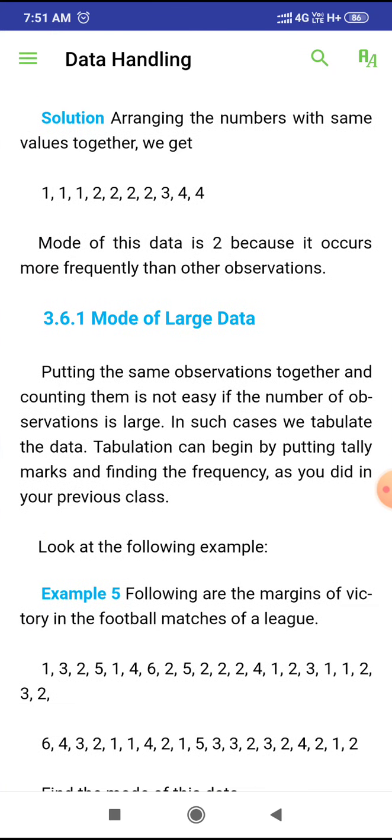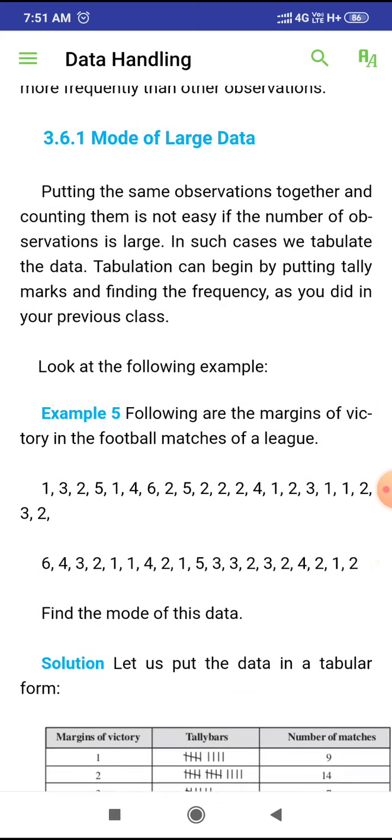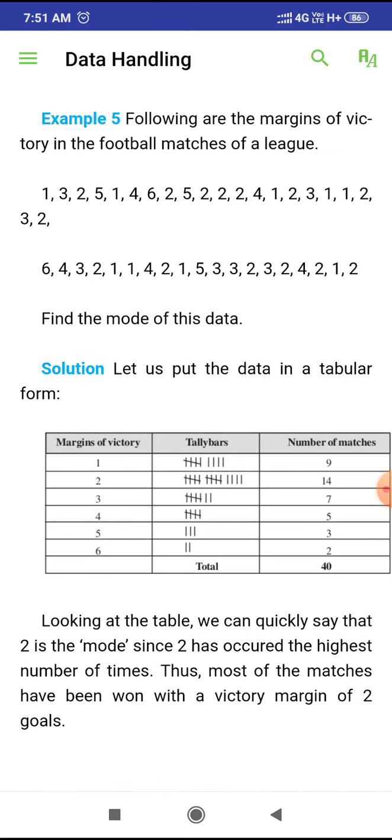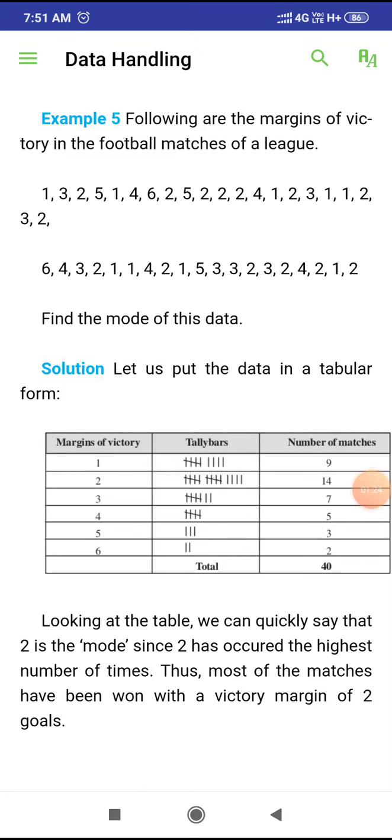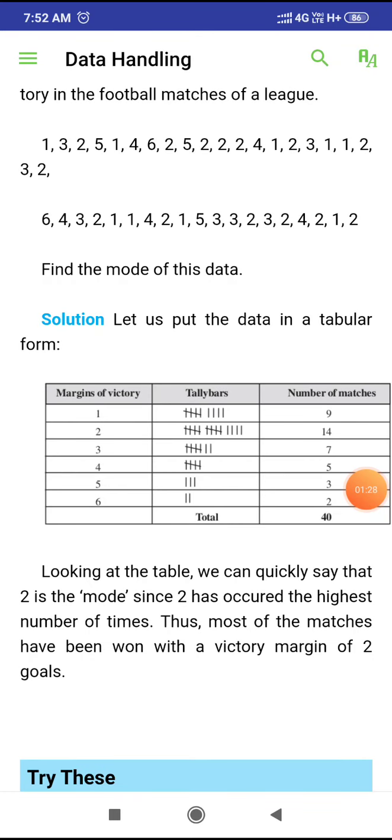Now if we have to find the mode of large data, first of all we construct a frequency distribution table, and from the frequencies we can conclude what the mode of the data is.